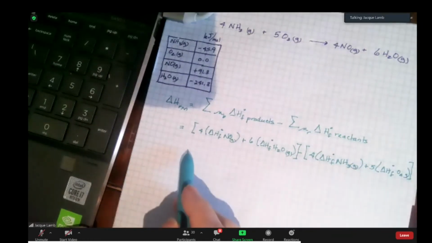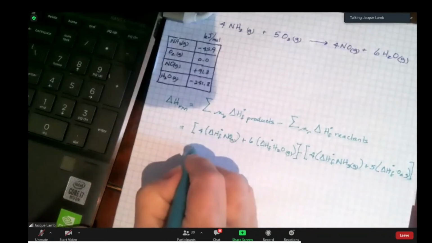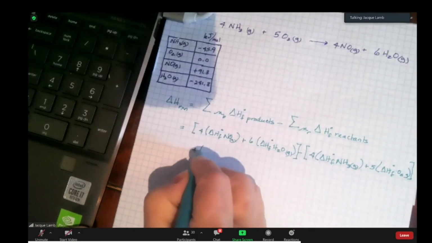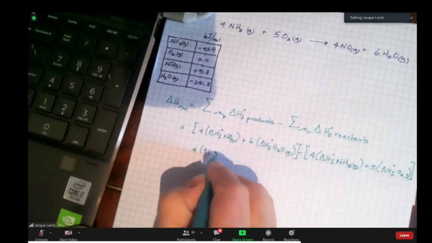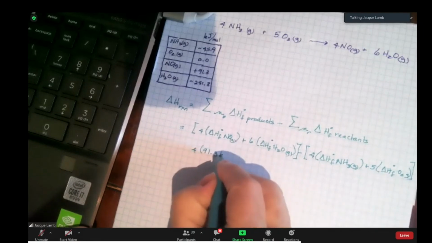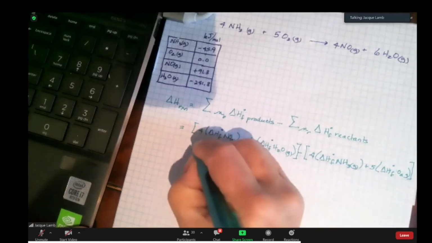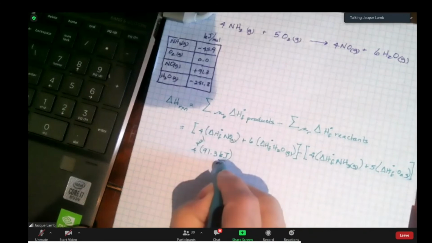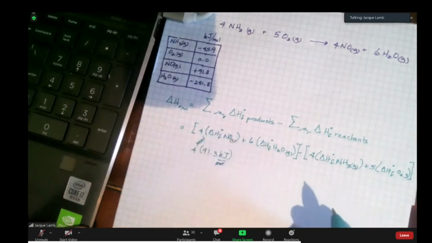And now we can just start plugging in numbers. So 4 times 91.3. I'm not using units here. I'll use partial units. Understand that this means 4 moles times 91.3 kilojoules per mole. So the moles cancel.